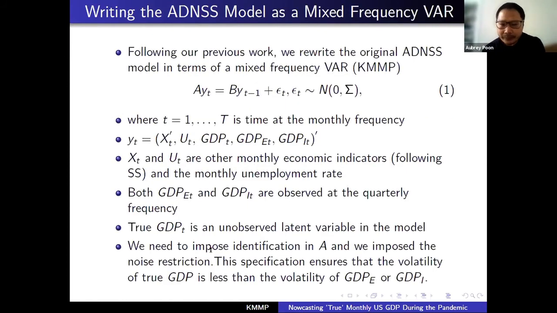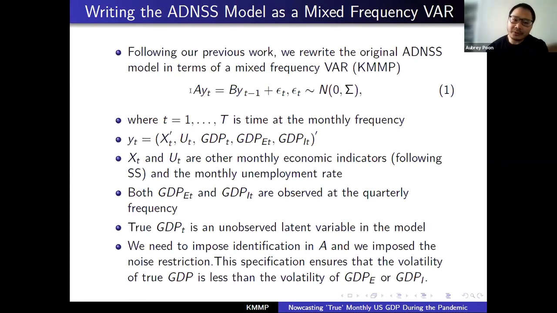Okay, so basically in our previous work, we could rewrite the original ADNS model into a mixed frequency VAR with one lag. So this equation one is a structural VAR with one lag.